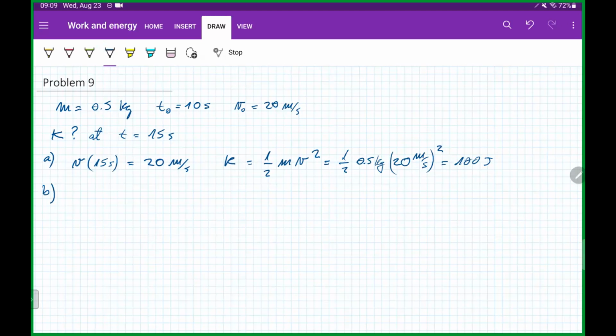So we really care about the velocity at the final instant, after 5 seconds have elapsed after those initial 10 seconds. So we have acceleration equal 3 meters per second squared.